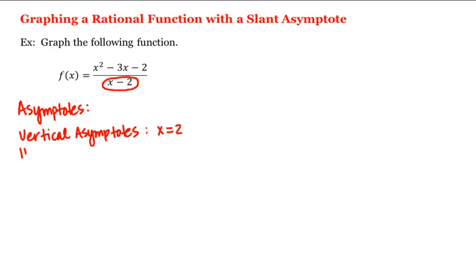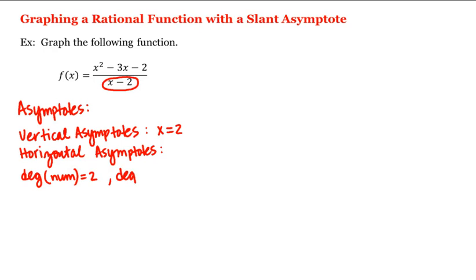What about any horizontal asymptotes? Well, let's first notice that the degree of the numerator is equal to 2, and the degree of the denominator is equal to 1.